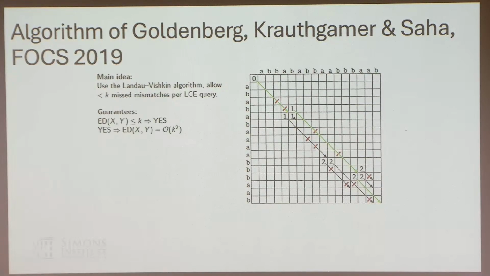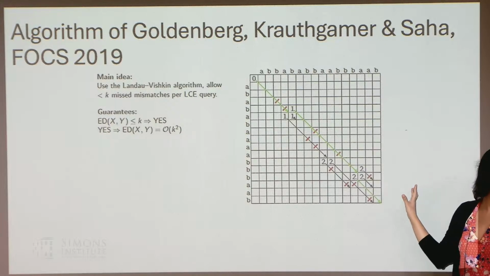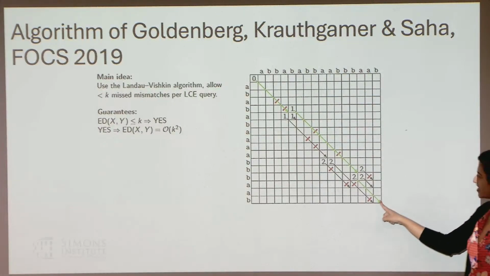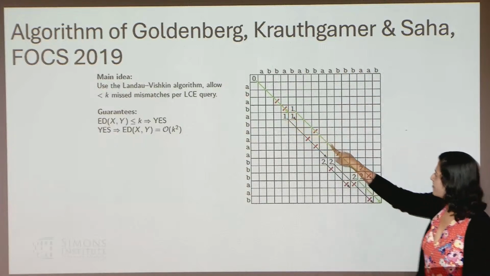What does it guarantee? First of all, if my edit distance is actually less than K, then I will reach here with a value no more than K, because I am only allowing approximate LCE queries. Then I will be returning yes, which is fine. But if my algorithm returns yes, that means I'm reaching here with a value of less than K, and there is some path which I'm following.